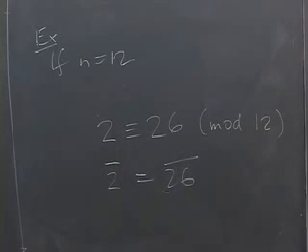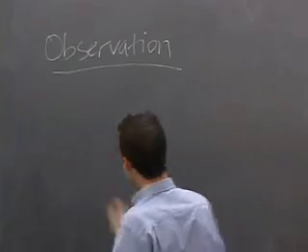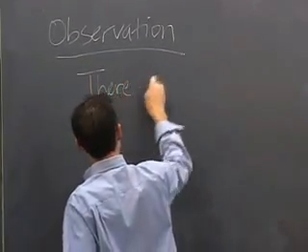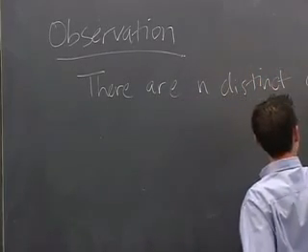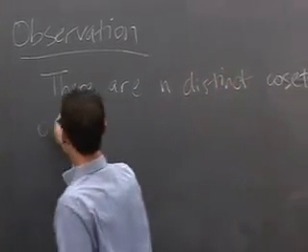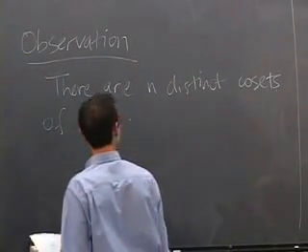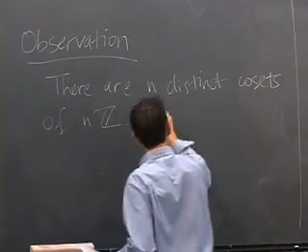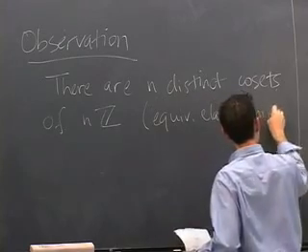Now, here's an observation. We can very explicitly write down all of the cosets. There are n distinct cosets of nZ, and we can write them down completely explicitly. Or put another way, equivalence classes modulo n.